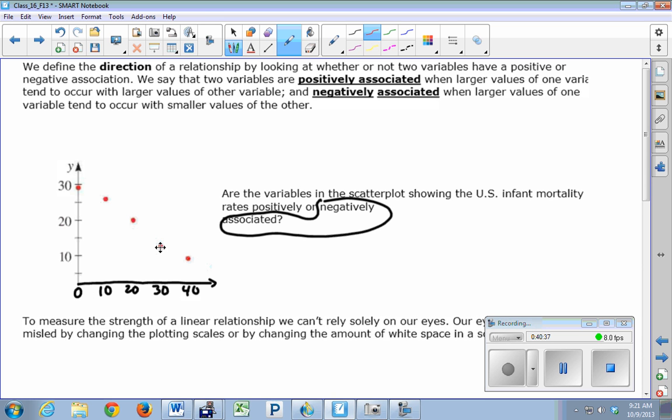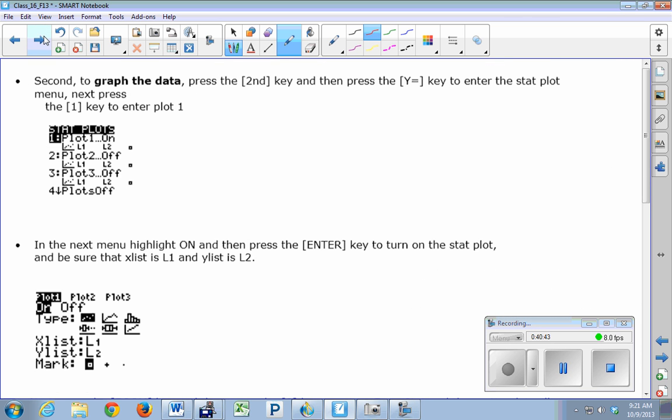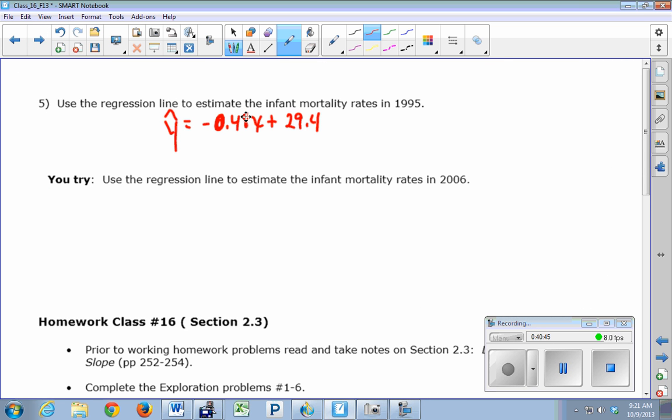We know what the infant mortality rate was in 1990, and we know what it was in 2000. So when you are finding the value with your linear regression line for a value that's within your data set, that's called interpolation. It's a big long word. We're interpolating. So that's when you use the word estimate.